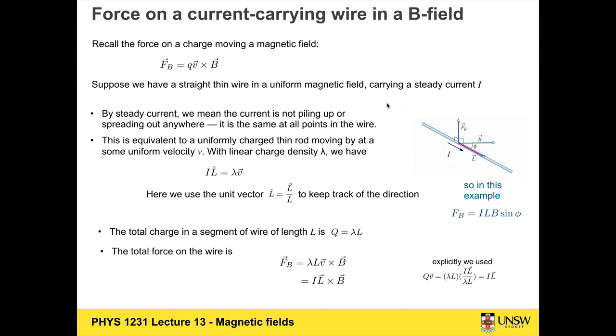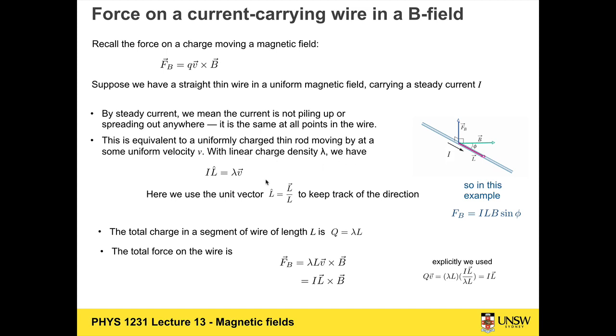The simple example here is to consider a straight segment of wire, as in this diagram. You can see that having a steady current is equivalent to having a uniformly charged rod moving by at some uniform velocity v. If this rod was uniformly charged, it has a linear charge density lambda.